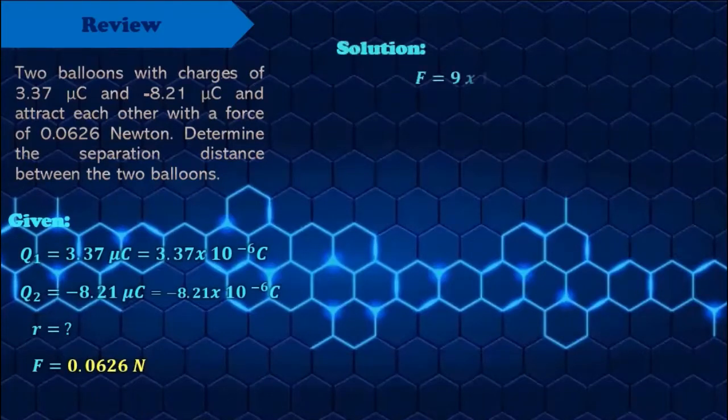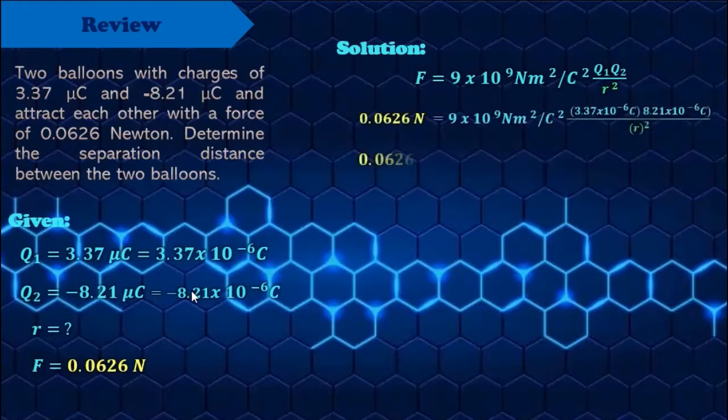To solve the problem, of course, copy the formula and then substitute these given and leave as it is the unknown. To simplify the right side of the equation, multiply this to the numerator.